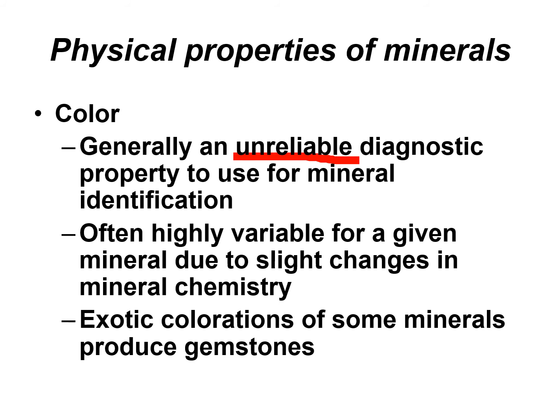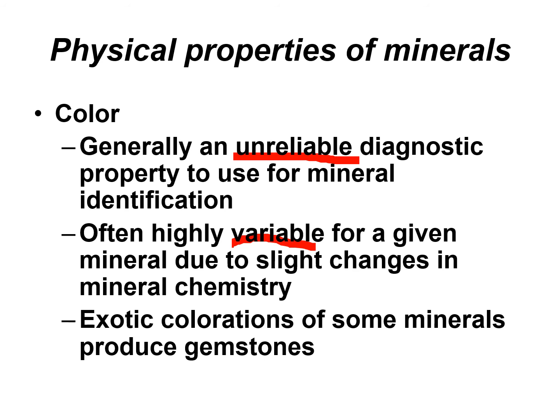So one, there's dozens, if not thousands of minerals that happen to be the same color as something else. Two, there's lots of variation in color. So remember that fluorite comes in many colors, quartz comes in many colors, as we'll see. Garnets, corundum come in many colors.